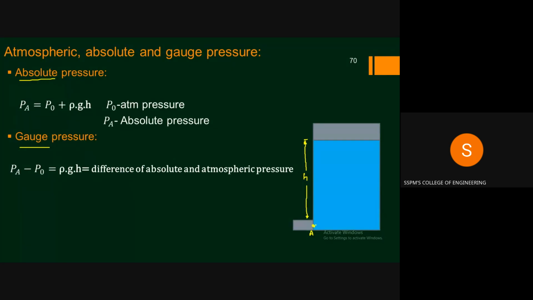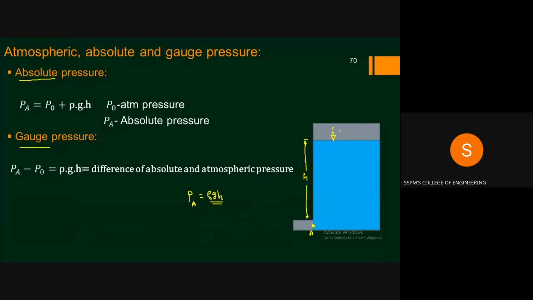So if you want to find out the pressure at point A, we can write the equation: Pa is equal to just rho gh. Okay, but this pressure that we are writing as rho gh is without considering the atmospheric pressure. If you consider the topmost layer of the liquid, this topmost layer is experiencing the pressure due to the air. Okay, that is called as atmospheric pressure.